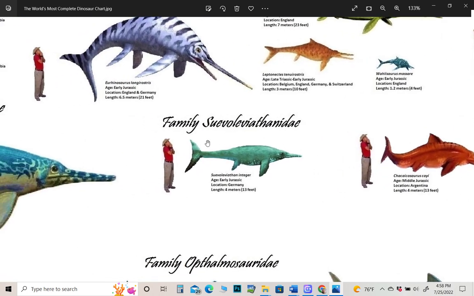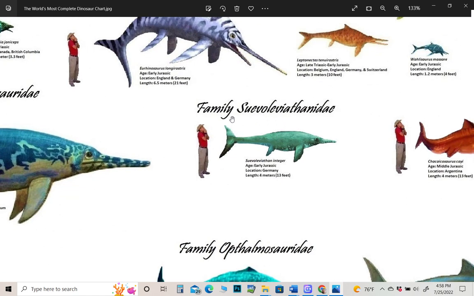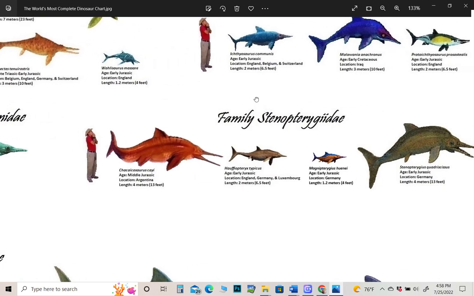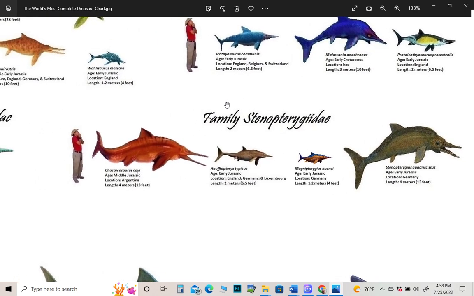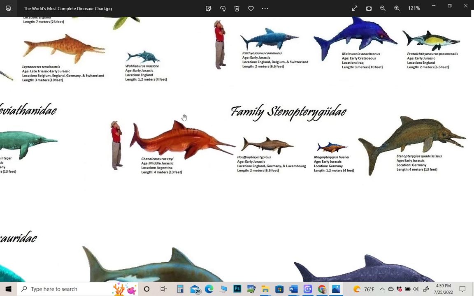Kind of cool. Suevoleviathan, which is just one single genus. This is the same situation with the single genus families, which they were in the habit of doing back in the day, but they no longer do. It's kind of a hallmark from the old Linnaean taxonomy system, which is still used as a practical measure, but we've gone past it with cladistics now, though it still has some practical utility.